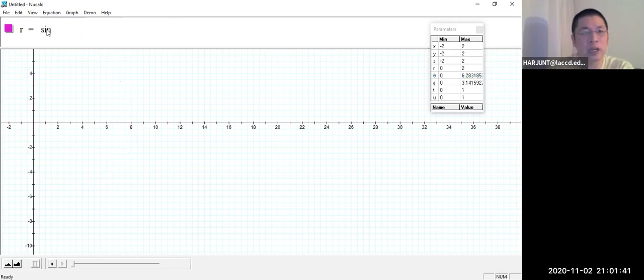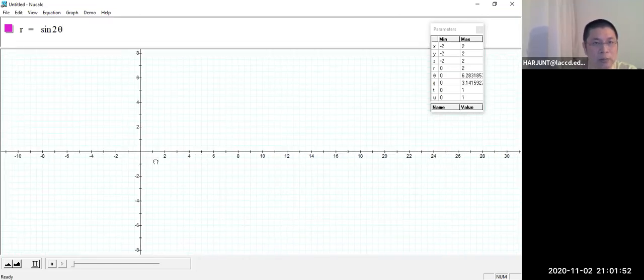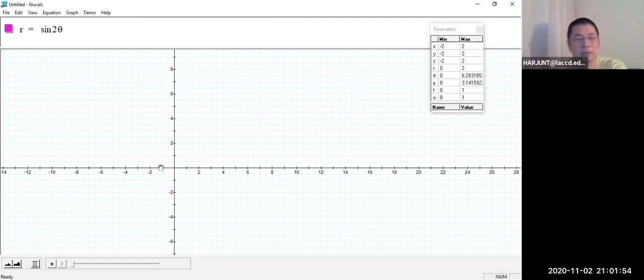How about sine 2 theta? Now, sine 2 theta, this function here depends on sine. Okay, with double angle. So we know this will be symmetric with respect to y-axis. Oops, too small. Let's enlarge the radius.